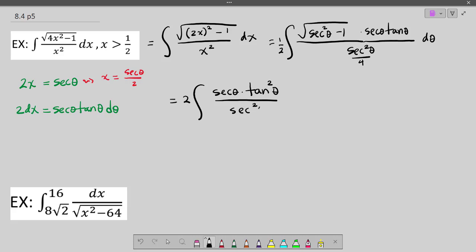All right, so in the numerator, that becomes tangent squared. Square root of tangent squared is tangent. Tangent times tangent is tangent squared. We got rid of the 4 in the denominator, so now we have a secant that we can wipe out. So when all is said and done, we end up with tangent squared over secant.